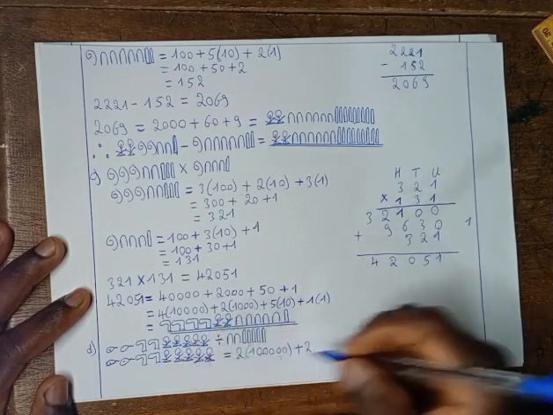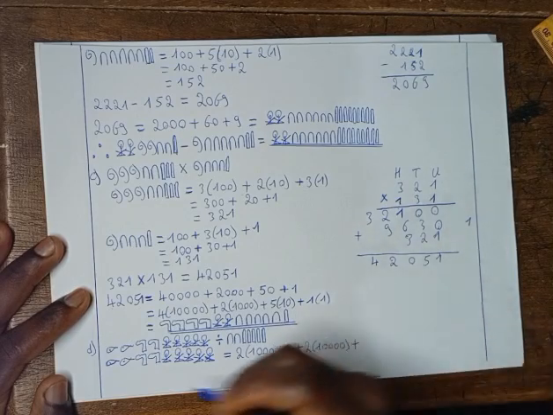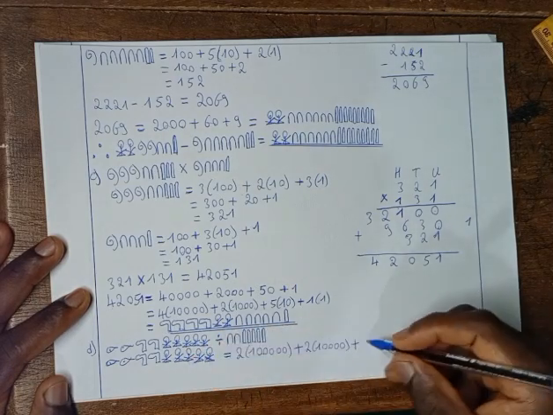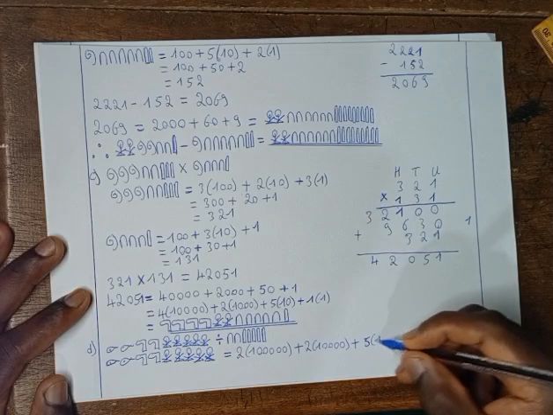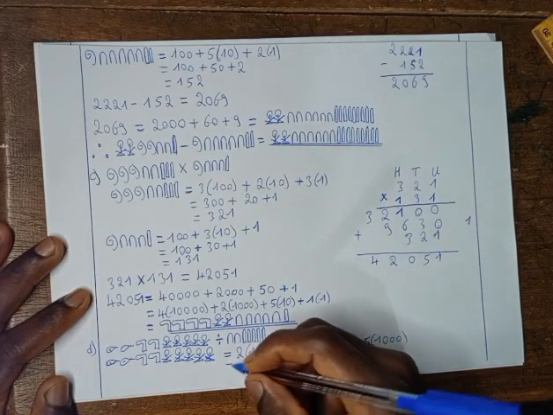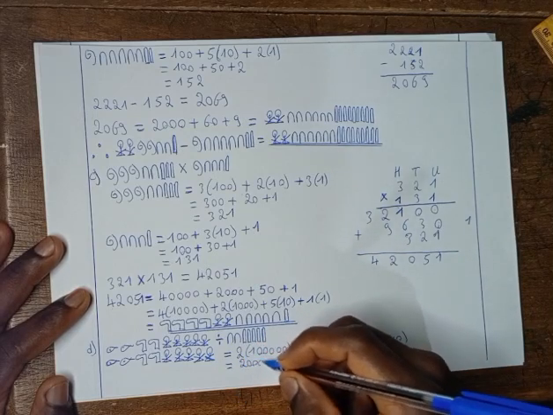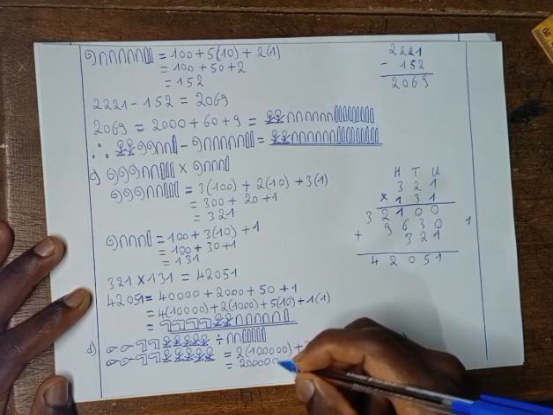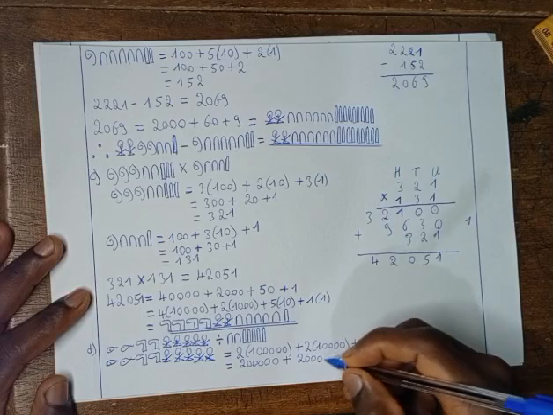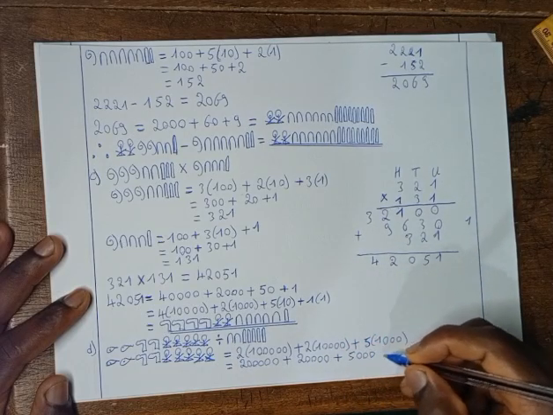We have 2 bent fingers, plus we know they represented 1,000 by using a lotus flower. We have 5 of them. We multiply, and this will give us 200,000 plus 20,000 plus 5 times 1,000 gives us 5,000.